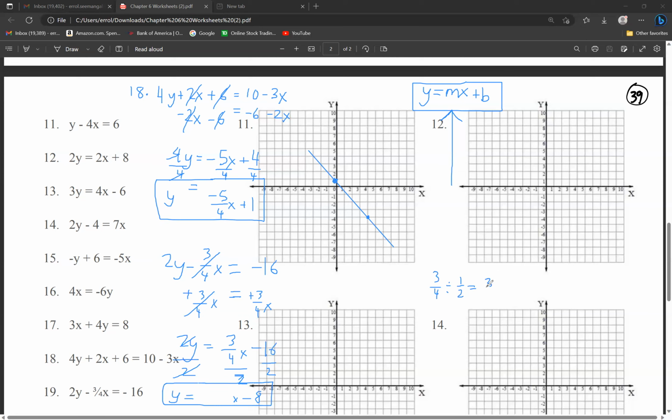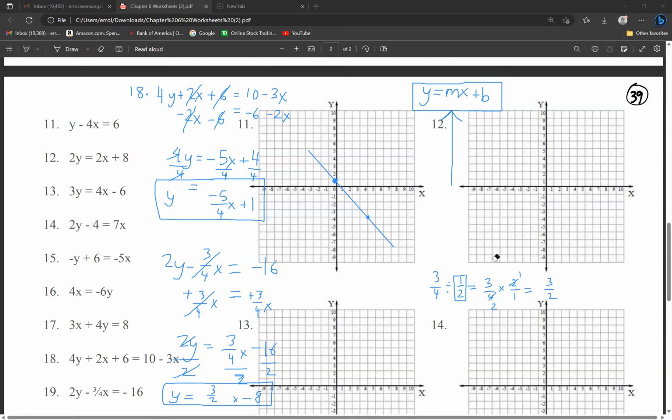This is the same thing as 3 over 4 times 1 over 2, right? Remember when we divide fractions, we change the division sign to multiplication and flip the second one. So this is 3 over 2. So 3 over 2x minus 8.